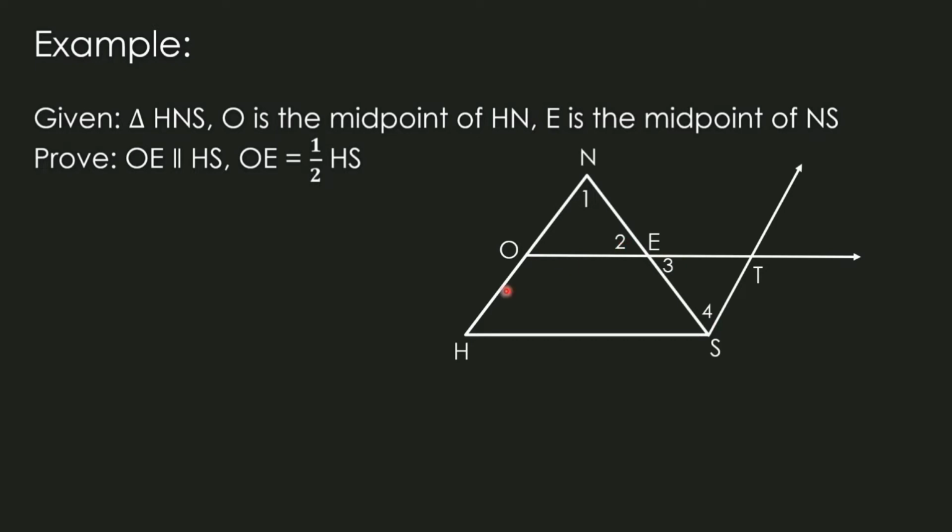O is the midpoint of this side HN, E is the midpoint of side NS. So we need to prove that OE is parallel. Take note of this symbol, it means parallel. OE is parallel to HS, and prove that OE is half the measure of HS.